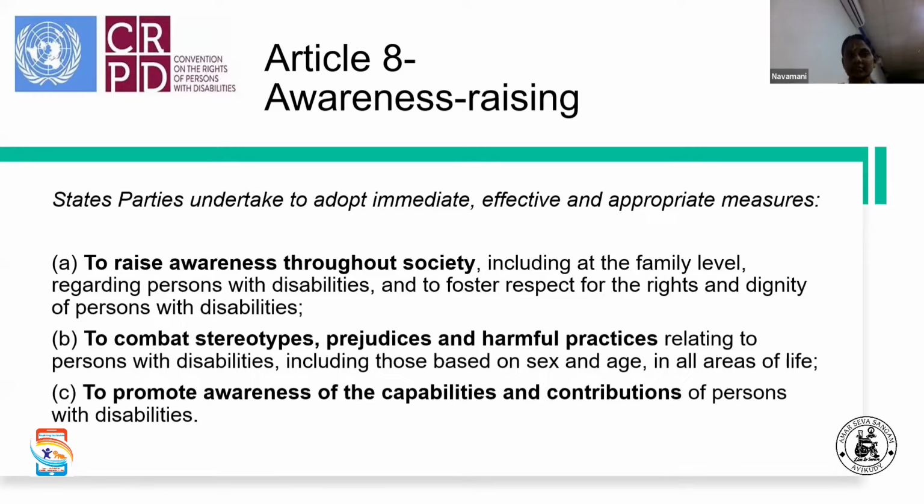Article 8 talks about awareness raising, which is meant to address the attitudinal barrier.